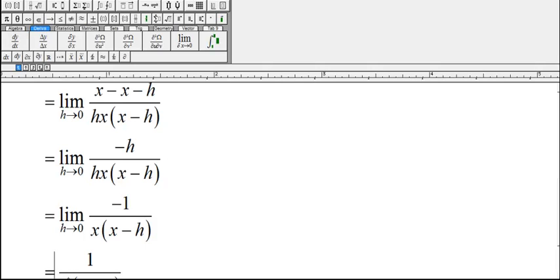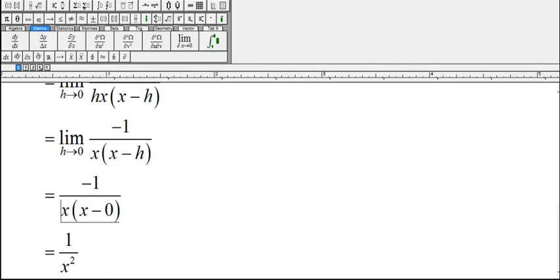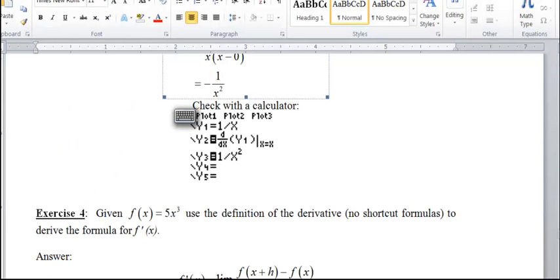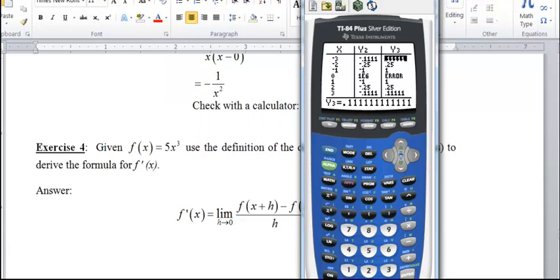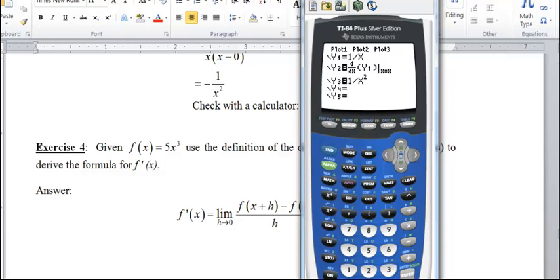And this is minus 1. And so this becomes negative 1 over x squared. Aha! That's better. That's the right answer. And we see that now when we try to check it. So as you see the value of doing a check, you can catch a little mistake like that.